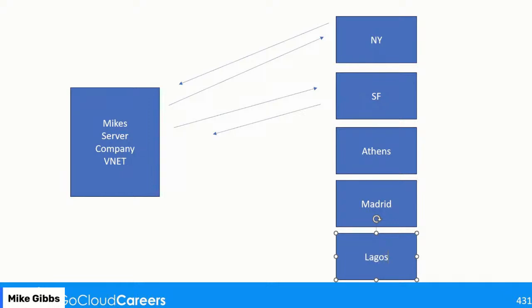In a normal hub and spoke environment, New York can reach Lagos through the hub. But if we have non-transitive routing, that doesn't work.